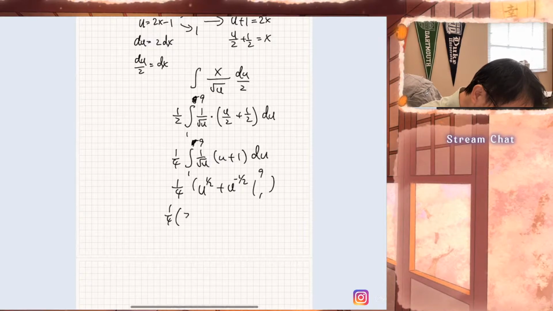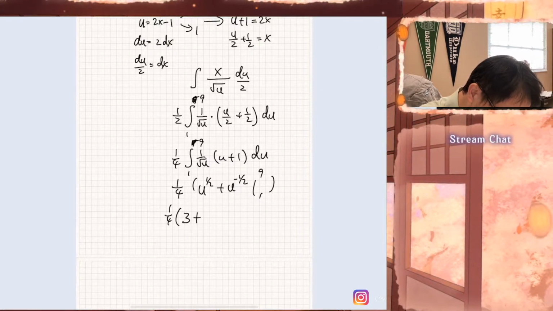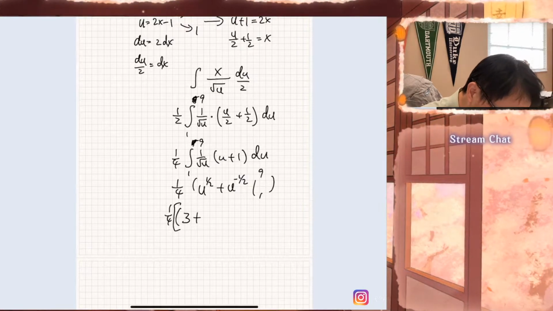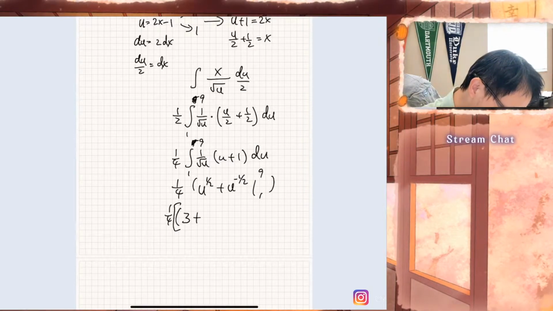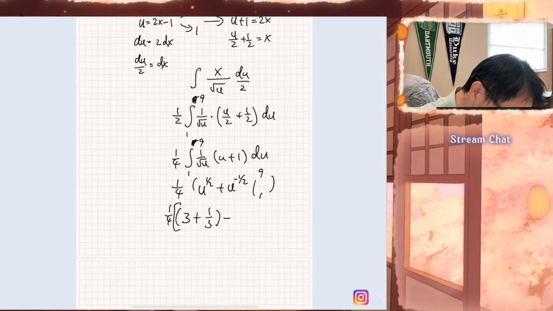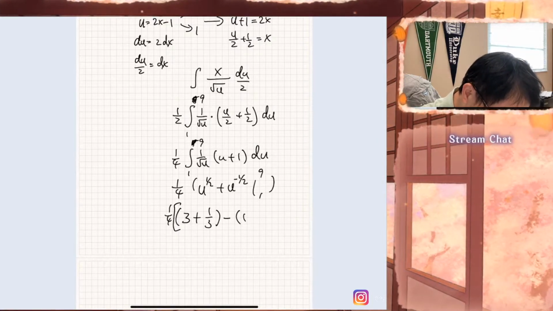This one is going to be 3 plus, if I plug in 9, so it'll be 1/3, minus 1 plus 1.